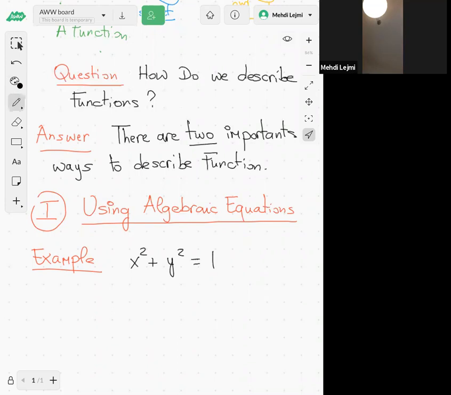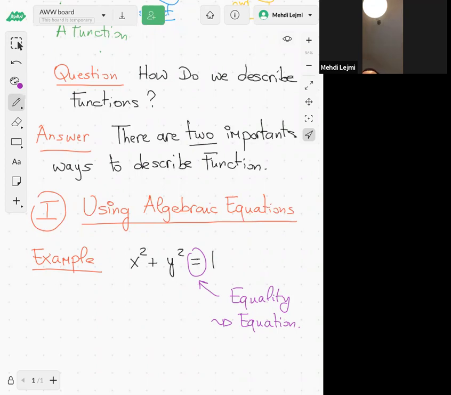First, when we have an equality here, this symbol here, this is an equation because we have this symbol of equality. That's what I mean by equation. Whenever you have an equality, that's an equation.